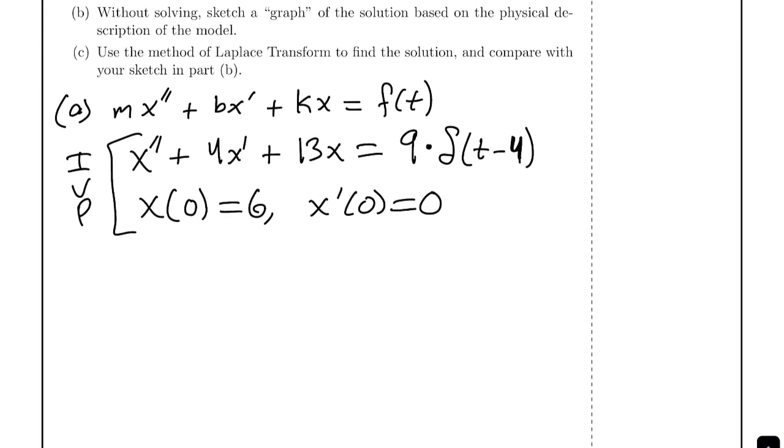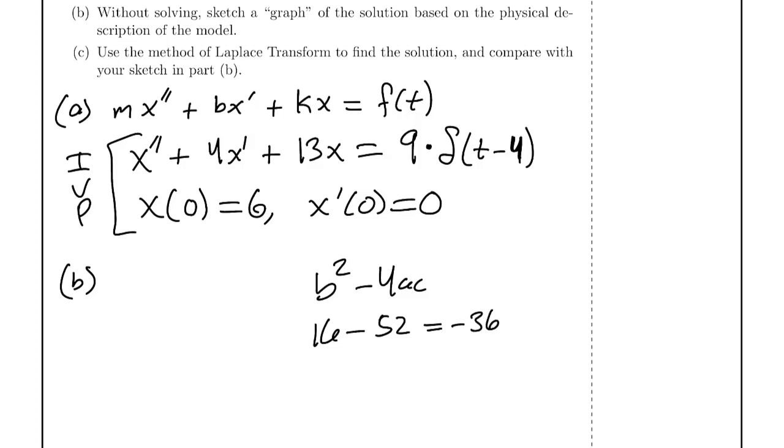Now, they say, for part B, without solving, sketch a graph of the solution based on the physical description of the model. Well, this model is underdamped because the friction term is so much smaller than the spring term. If you want to be more specific, if you look at b squared minus 4ac, that's 16 minus 52, which is negative 36.